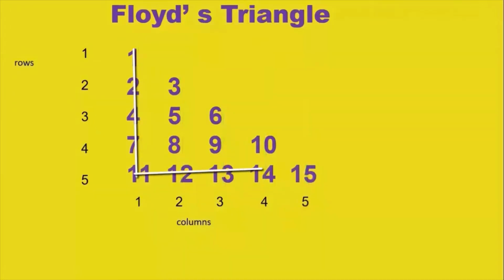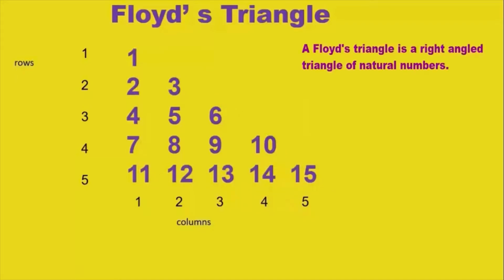We can see this is a right angled triangle and we cannot see 0 and any negative number. So a Floyd's triangle is a right-angled triangle of natural numbers.